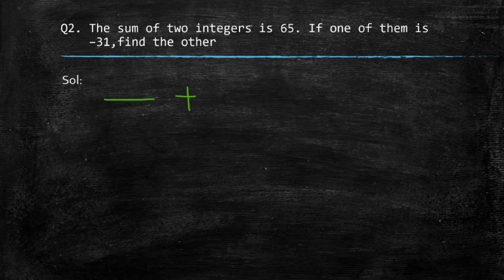Again I am writing, and it is given that the sum of two integers is equal to 65. Now one integer is given to you, that is minus 31. So I am writing here minus 31. The other I am taking as x. You can take y also.